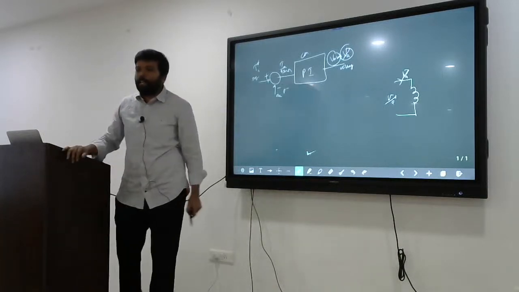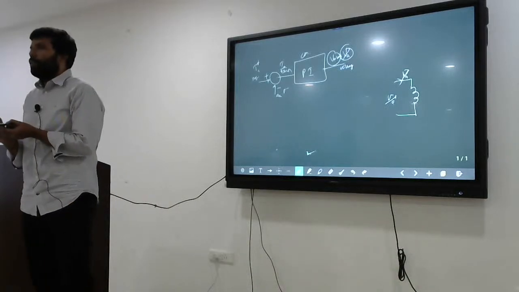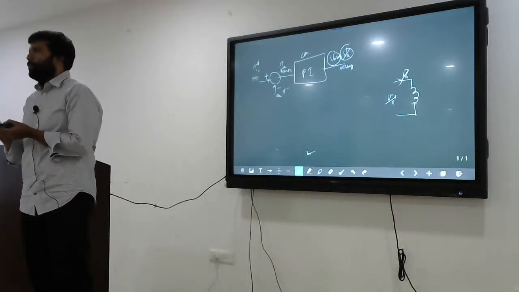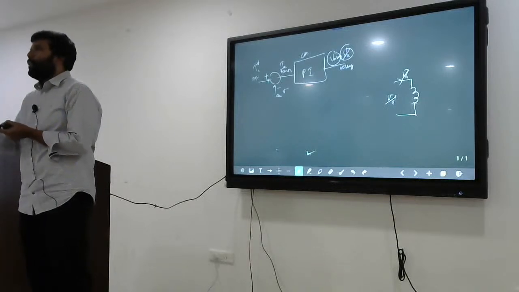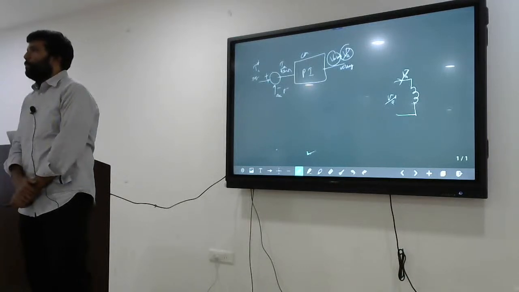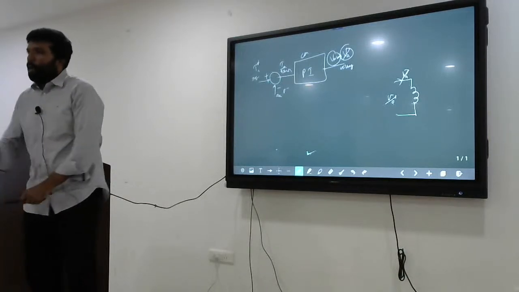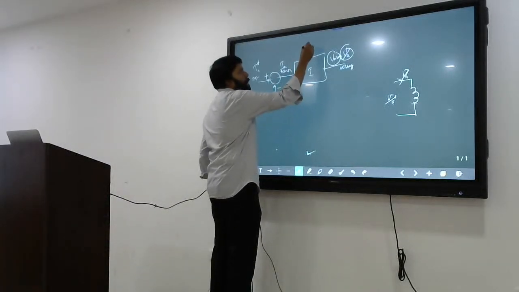If there is any current error, the expected output of the current controller is voltage signal. There is no option. Why? Because voltage is called potential element, current is called kinetic element. Current we can modify by using voltage signal. Understood?